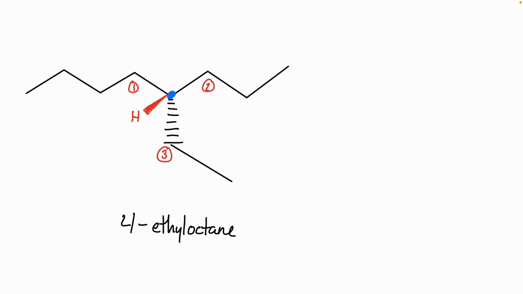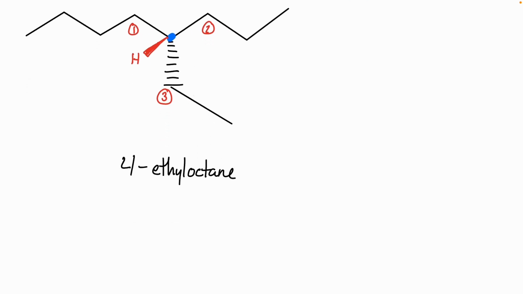Well, that's a problem. I can't assign my priority unless that hydrogen is sticking into the board, right? So what we should do is take this molecule and flip it like a pancake. All right, I'm going to imagine I have a spatula. I'm going to stick it under this molecule and flip it over. That way my hydrogen will be pointing into the page, into the board.